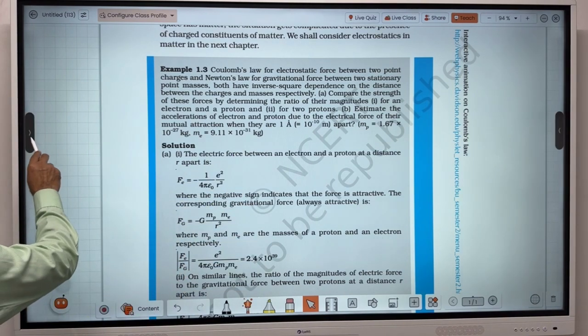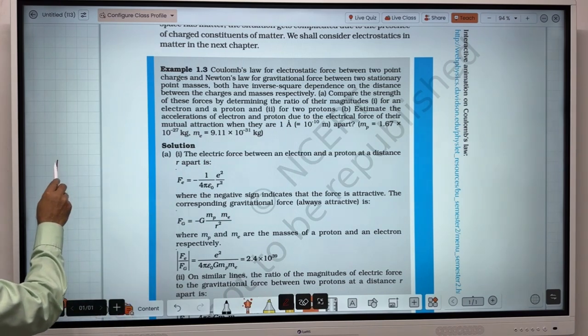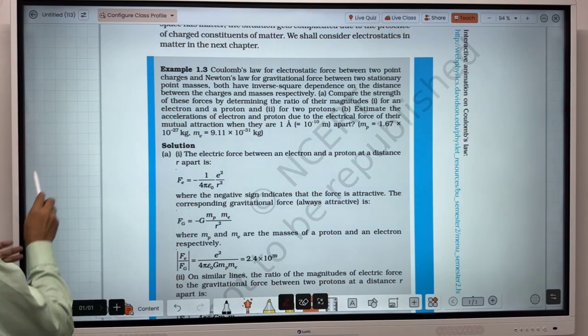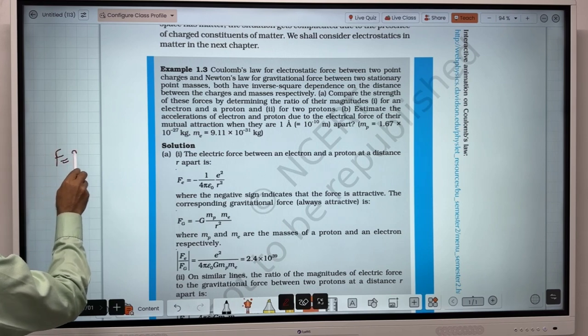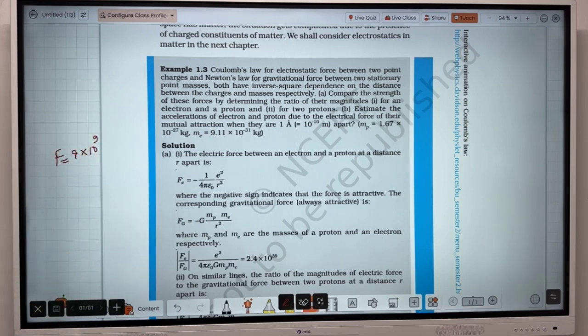So if you remember, to get the force you can apply F equal to 9 into 10 to the power 9 times Q1 Q2. Since you have to find the force between electron and proton, they will have the same magnitude of charges. The negative sign used means the force is of attractive nature.